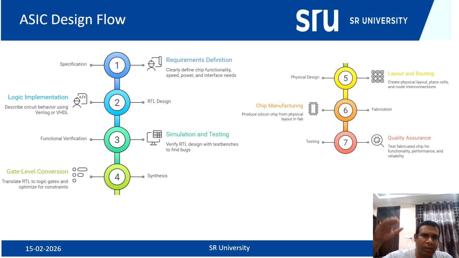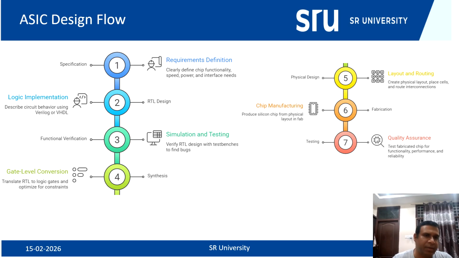RTL code is nothing but the behavioral representation of the circuit. By using the synthesis tool, we can convert it into the real structure of logic gates, micro cells or mega cells. Micro cell means logic gates, and mega cell means a combination of multiple gates.